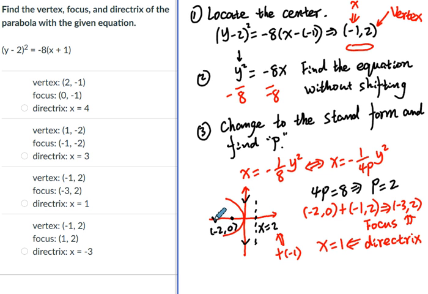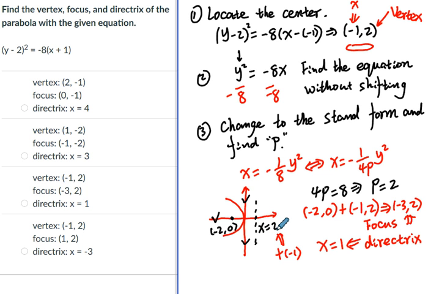Once we find p, we can just write the focus right away, which is negative 2, 0 for the curve without shifting. The directrix is always on the other side, which is x equals 2.